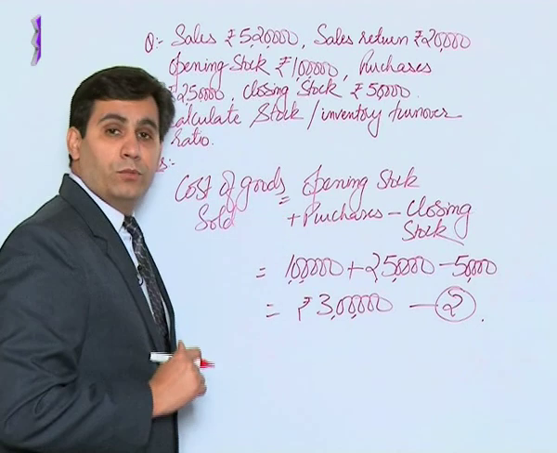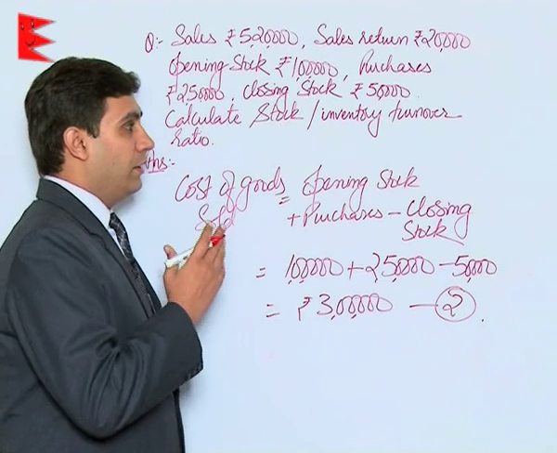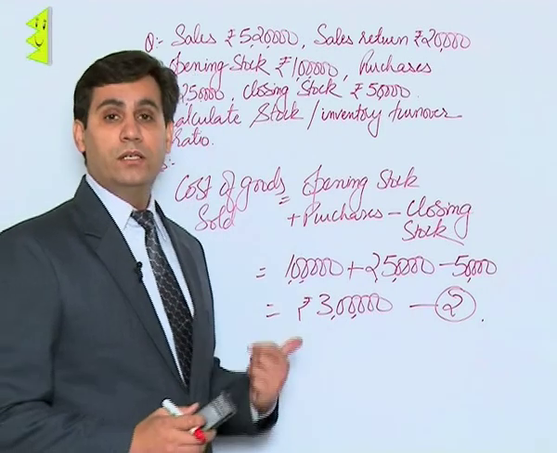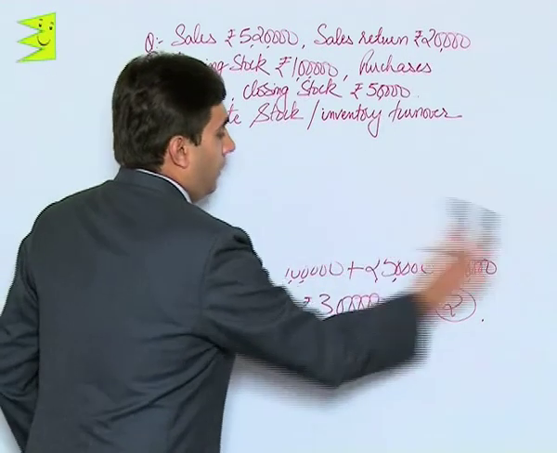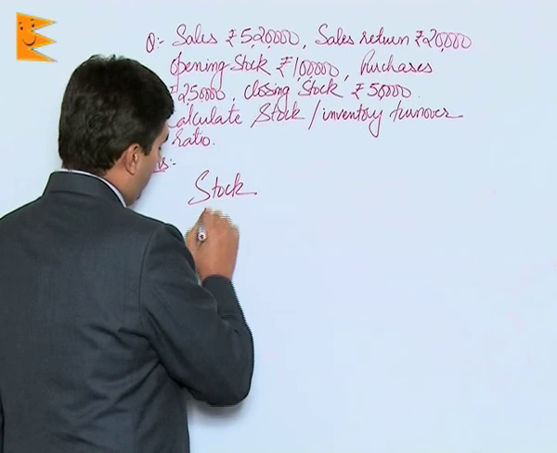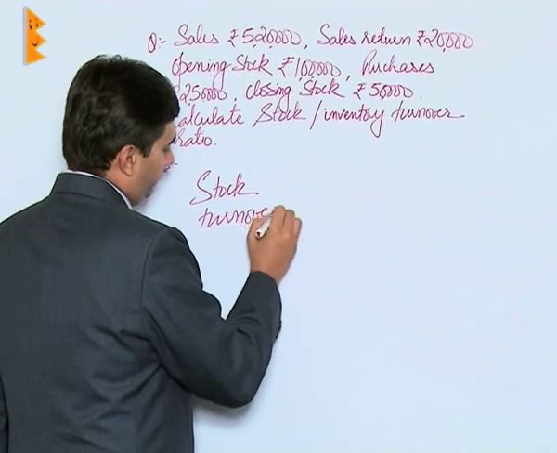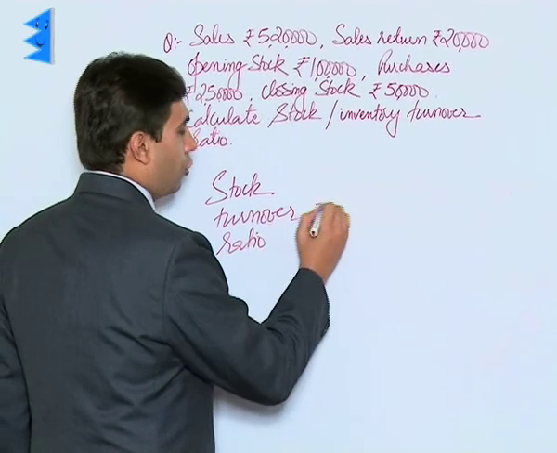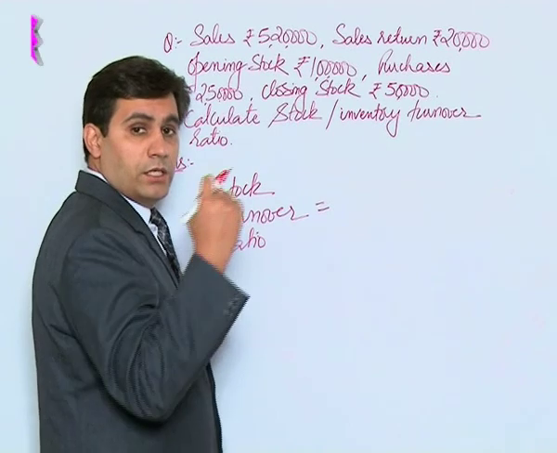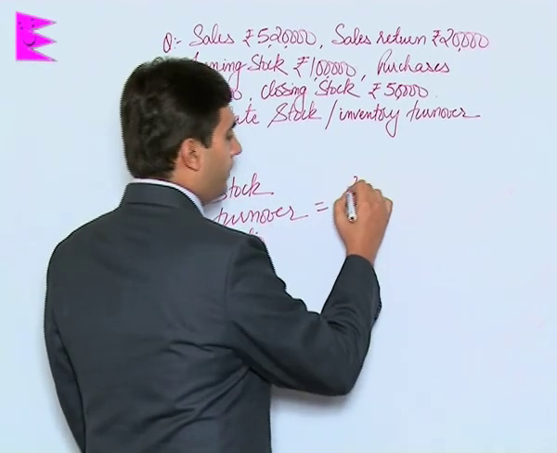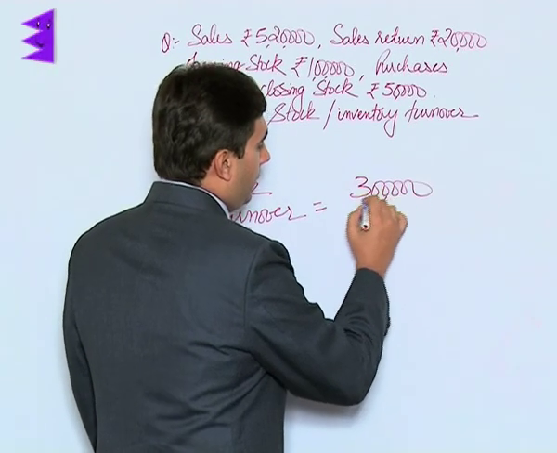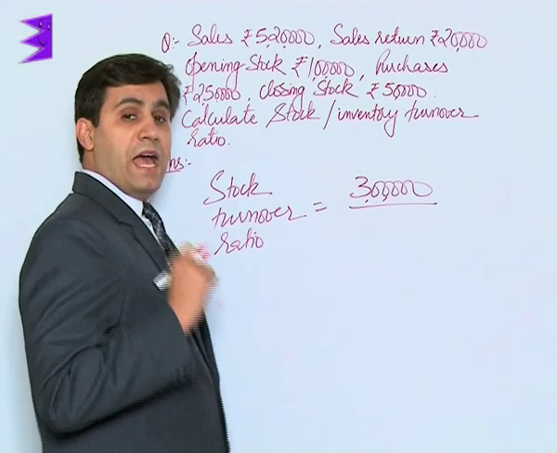Once we have calculated both of these values, that is cost of goods sold and average stock, we can then calculate stock turnover ratio. Now, stock turnover ratio is equal to cost of goods sold, and by equation number 2 that we had just calculated, the value for cost of goods sold was rupees 3 lakhs, divided by average stock.